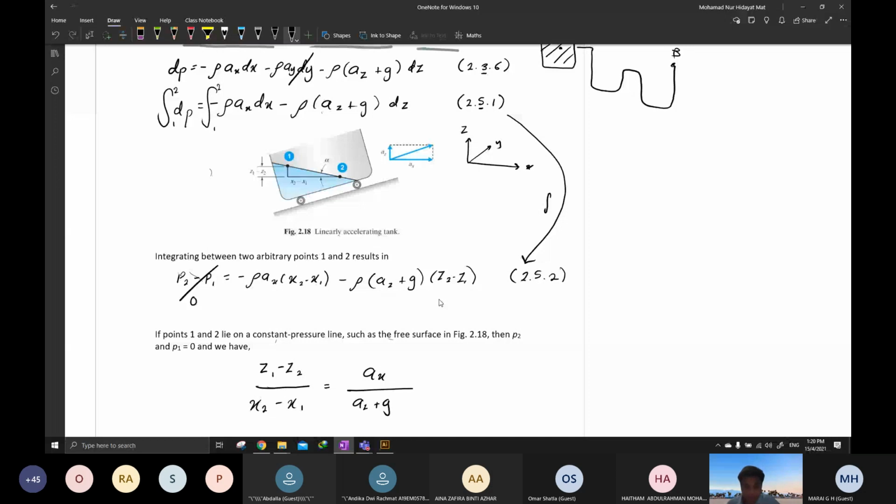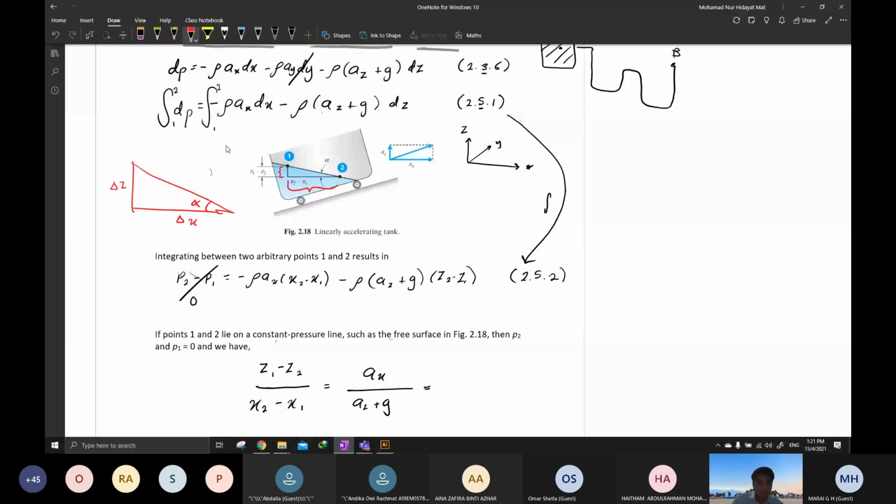From this equation we realize z1 minus z2, we got this kind of length. And you can see here x2 minus x1, we got this length. So what do you think we can do from here? Let's say this is alpha. From Pythagoras? No, we can use the Pythagoras theorem.